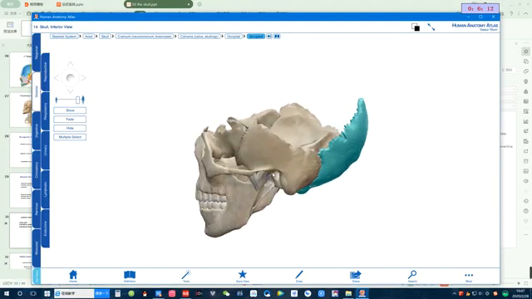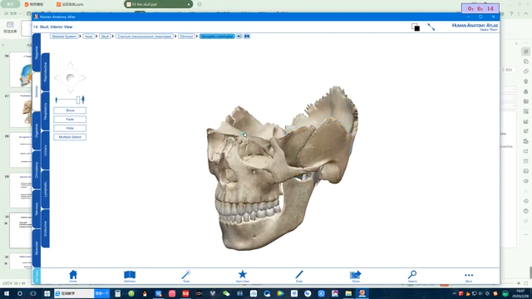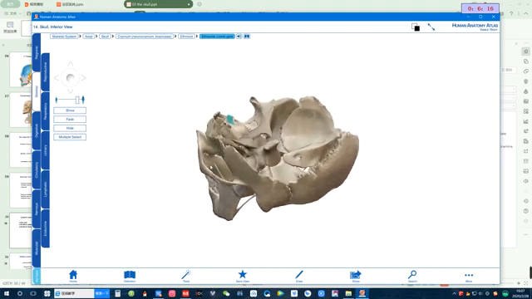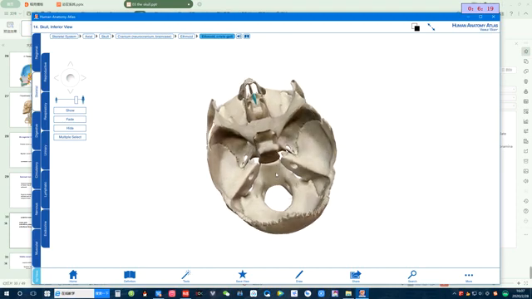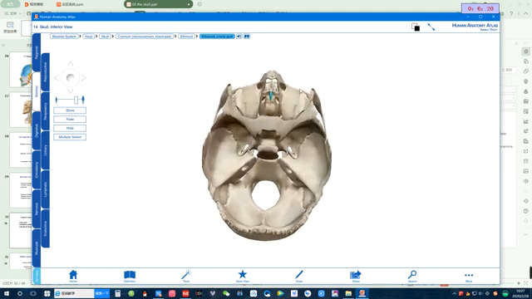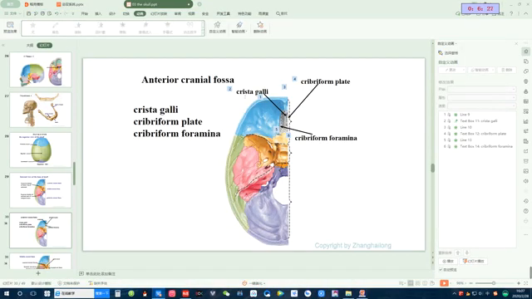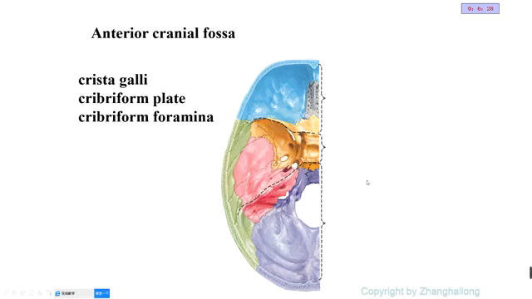Okay, the crista galli is here, in the middle of the anterior cranial fossa. Then there is the cribriform plate, a horizontal plate.